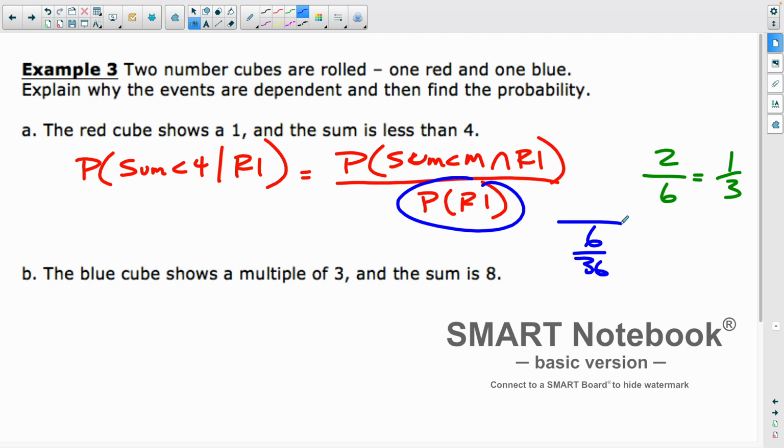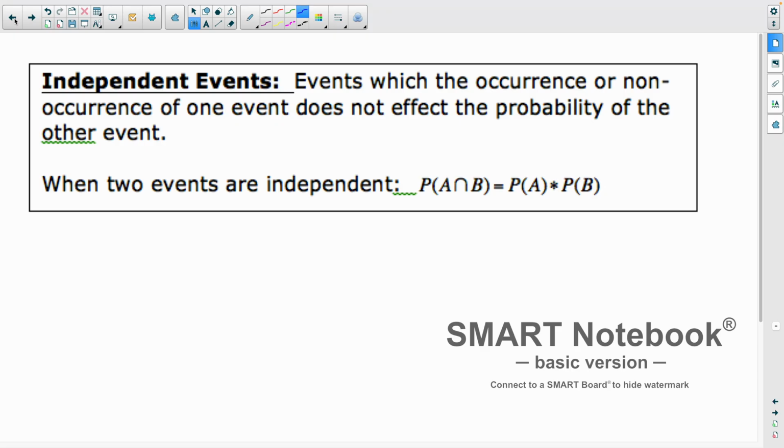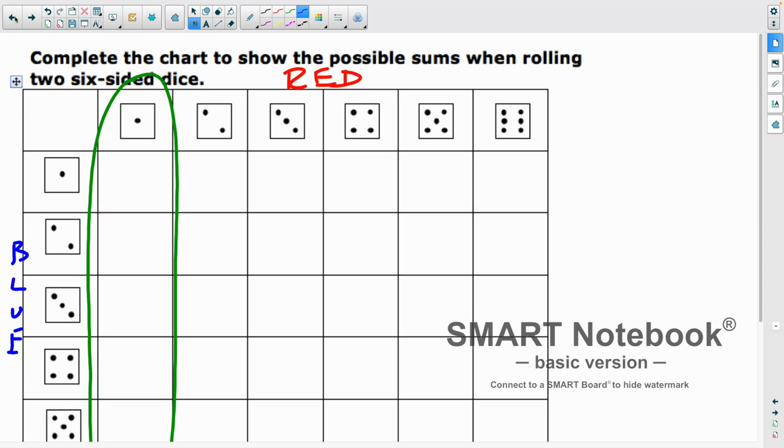Now, what is the probability that I have a sum less than 4, and a red 1? So sum less than 4 and a red 1. I'm not going to go in and fill in this whole table from yesterday. But this was 2, this is 3, this is 4. The sum less than 4 would only be these 3 things there, but I need a red 1.